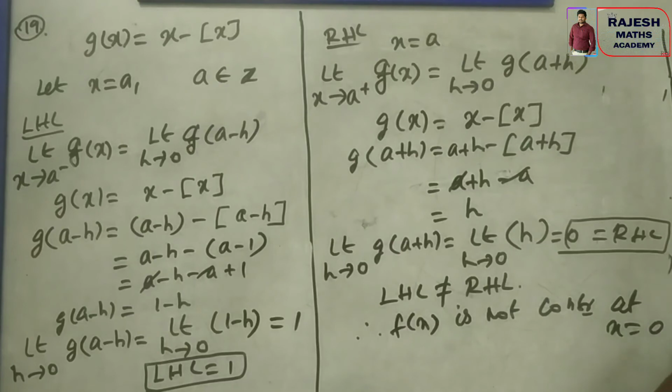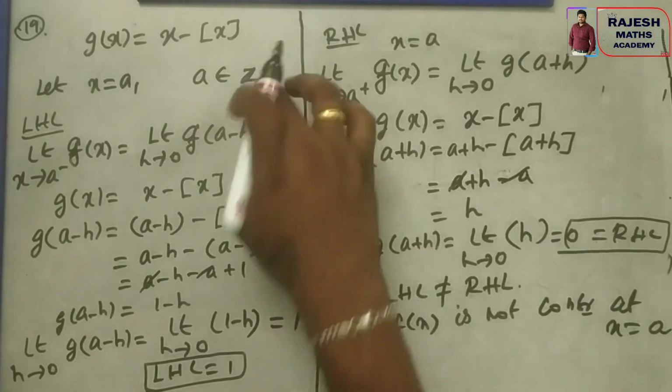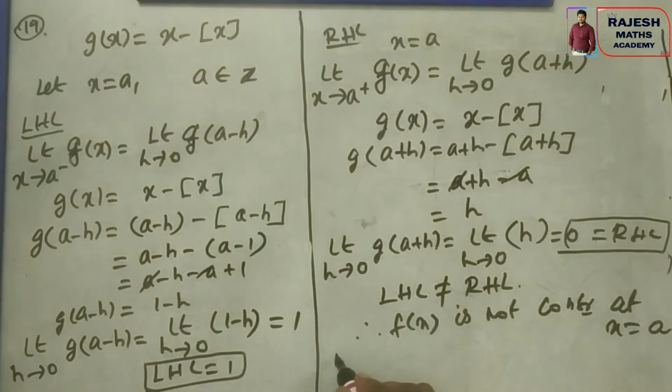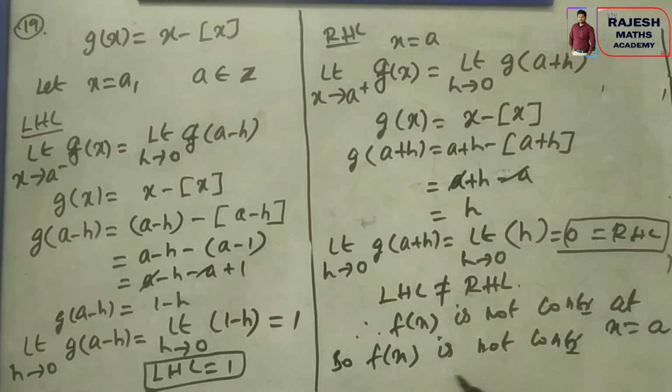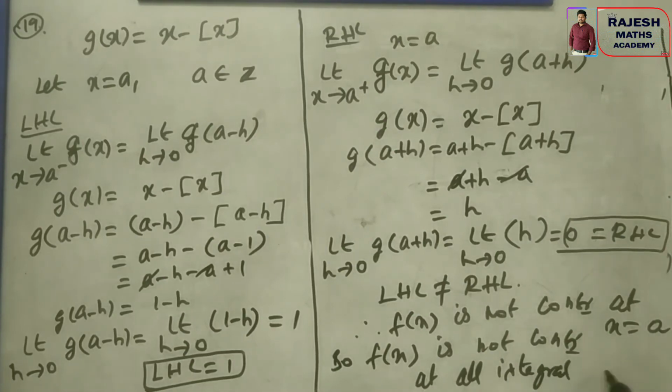At x equal to a, it is not continuous. What about a? a is an integer. So therefore we can also say that f of x is not continuous at all integral points. At all integral points. Clear?